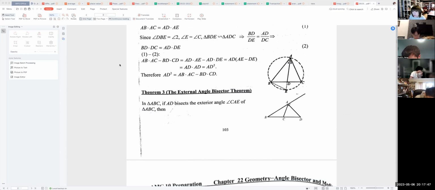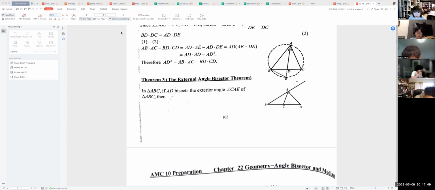We're going to move on to theorem 3, the external angle bisector theorem.